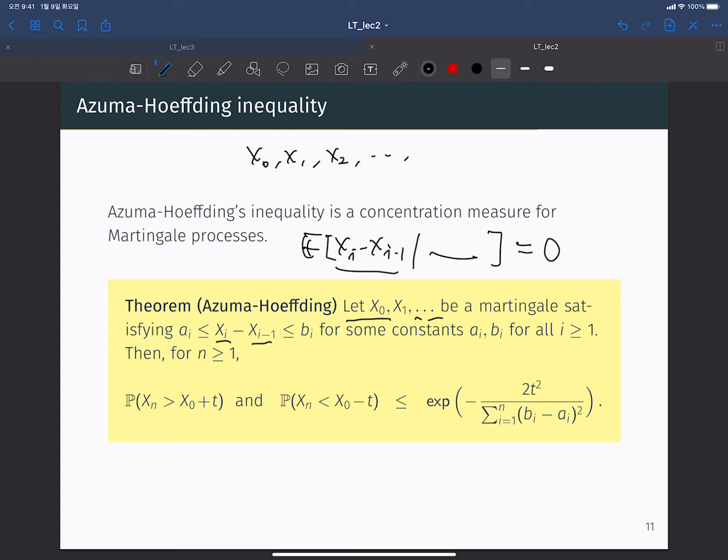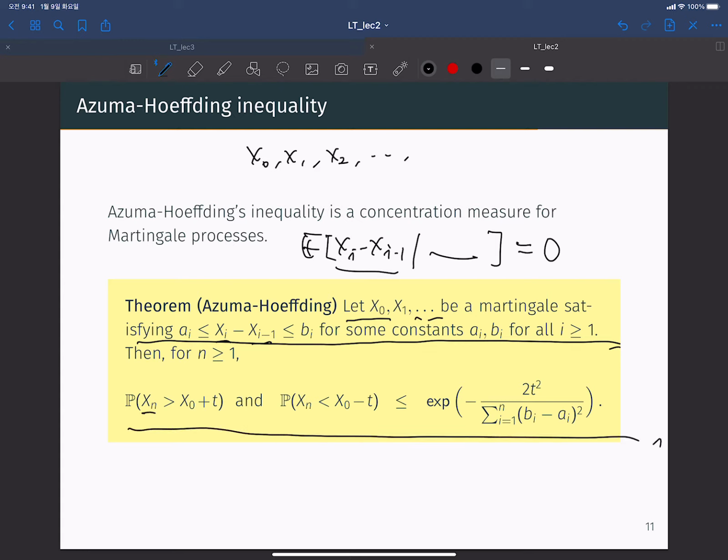Right, then for all i greater than or equal to 1, if this condition holds, then for all n, for all the time xn, we have this concentration inequality.